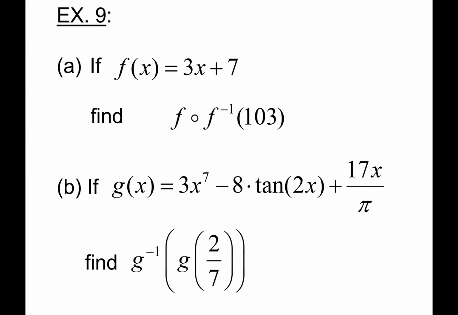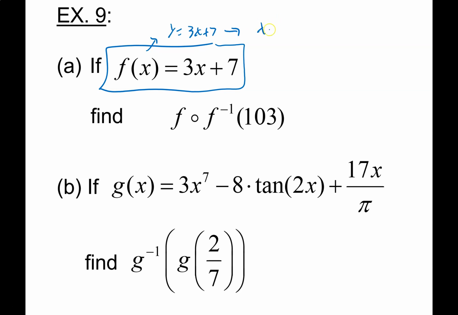Okay, let's do this one again. Here's f of x. I want you to find f of f inverse of 103. If the first thing you're thinking about doing is, okay, let me call this y equals 3x plus 7, let me switch the x and the y, no, don't do it. It's much easier than that.